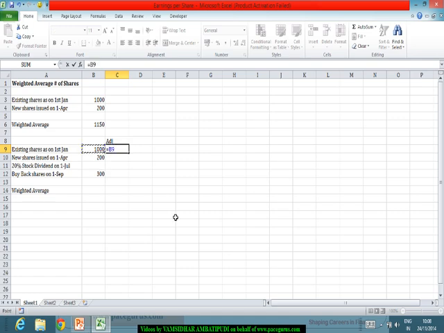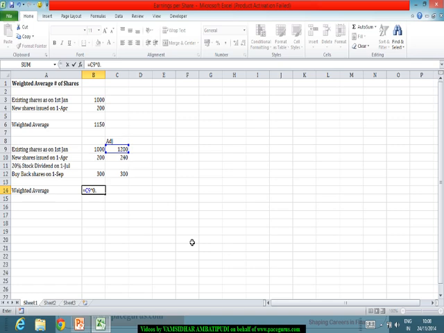So the opening shares would become 1200, and even this 240 would be incremented, because anything before that I'm going to increment. Whereas this 300 I will not increment, because this is something that has happened after the split itself.